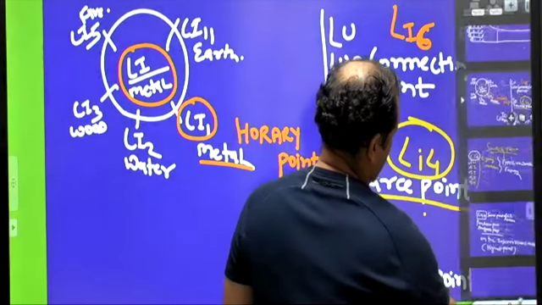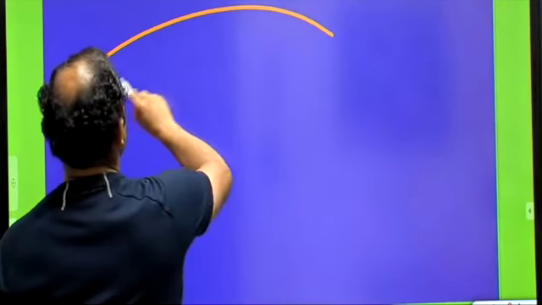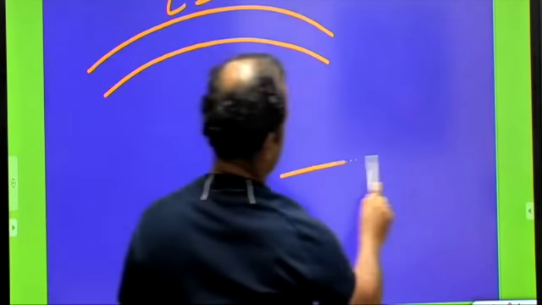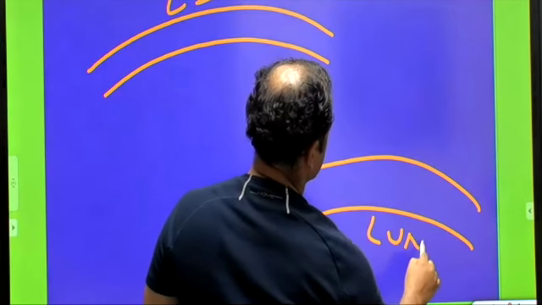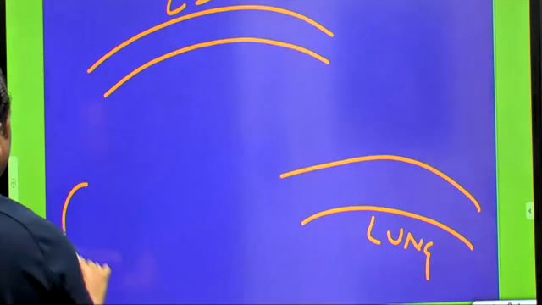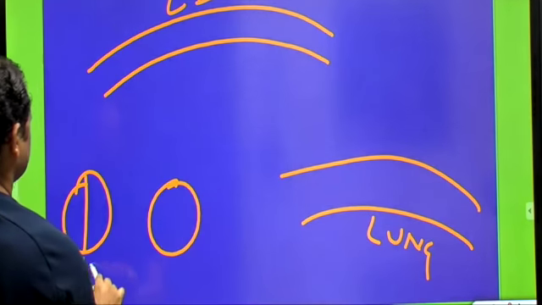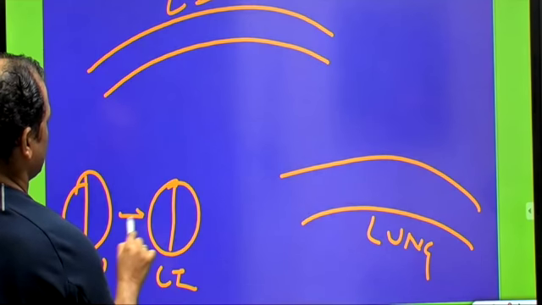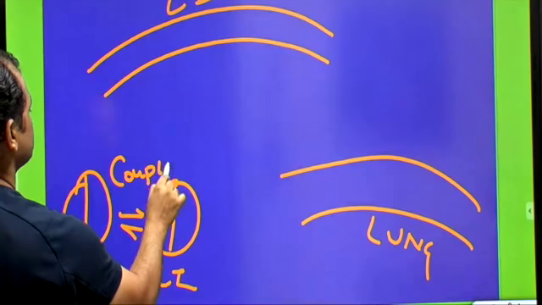What is the meaning of Luo connecting point? Suppose this is the large intestine meridian and this is the lung meridian, because we know the large intestine and lung are coupled. Between both meridians there is one connection.